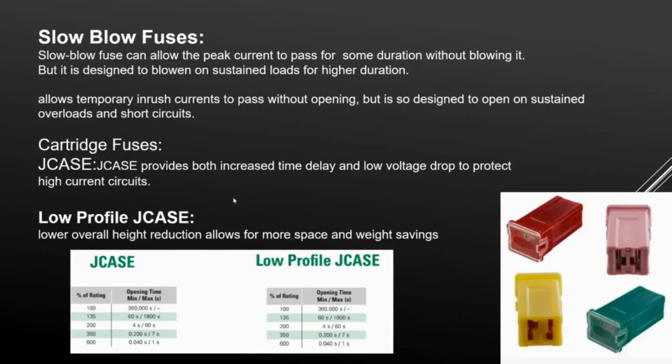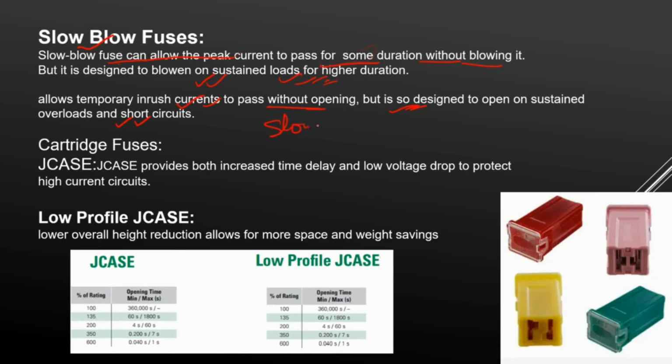So coming to the second, that is slow blow fuse. As we have earlier discussed, a slow blow fuse can allow the peak current to pass for some duration without blowing, and it is designed to blow on sustained load for higher duration, allows temporary inrush current to pass without opening, and it is designed to sustain overload and short circuits.